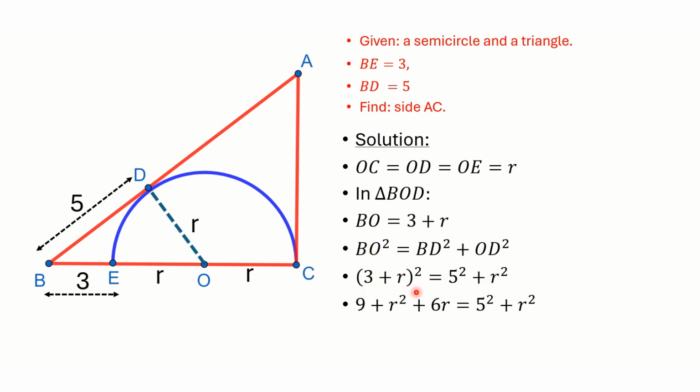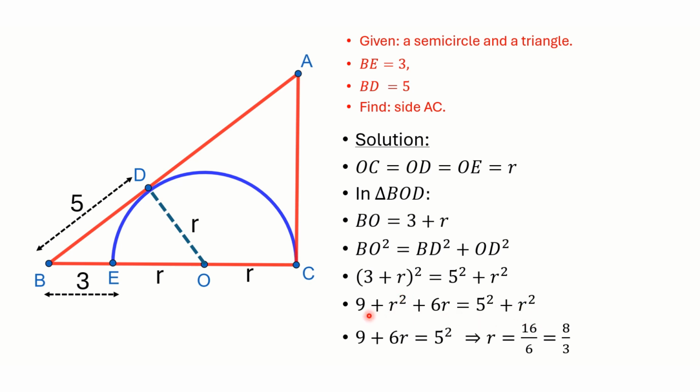Now I can expand this. This is nothing but A plus B whole square. So if you expand A plus B whole square, this is basically A square plus B square plus 2AB. So A square is 9, B square is R square, and 2AB, that is 6 times R. And this side will have 5 square plus R square. Now this side you have R square and this side you also have R square, so these two R square will cancel.